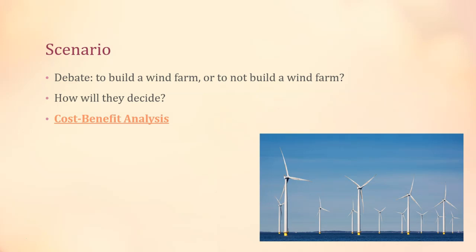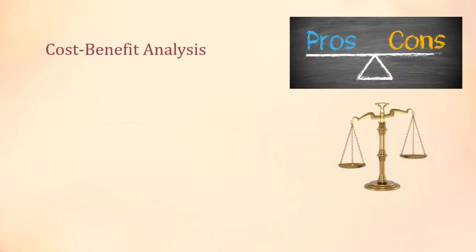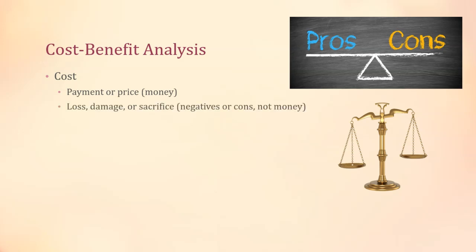But what is that? Let's break down the term cost-benefit analysis into three parts. First is cost. A cost could be a payment or price, meaning actual money that it might cost to do something. A cost could also be a loss, damage, or sacrifice that is not about money.